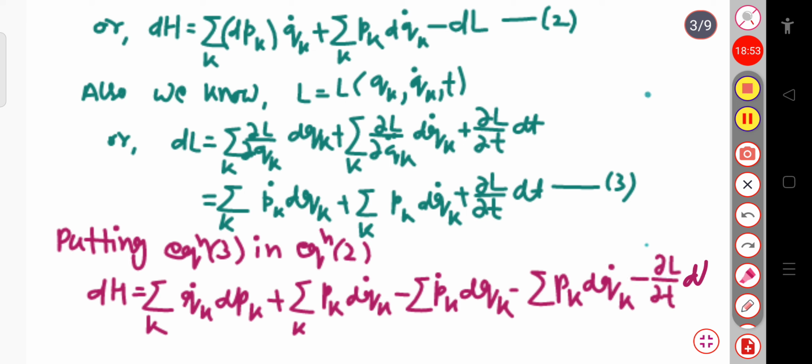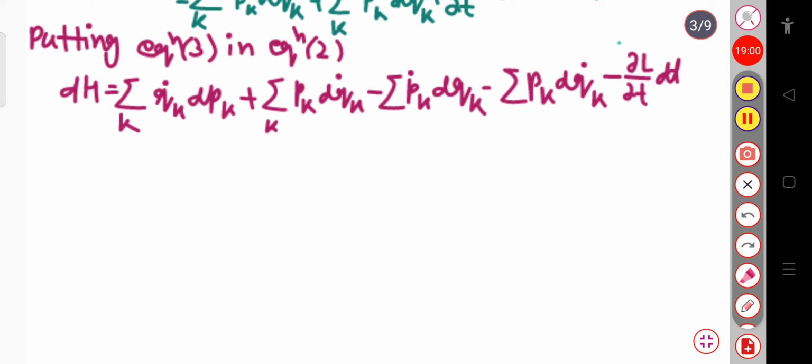This is our expression. Now you can see in this expression, this pk dqk dot term will get cancelled with this plus pk dqk dot term, where the sum is over k.